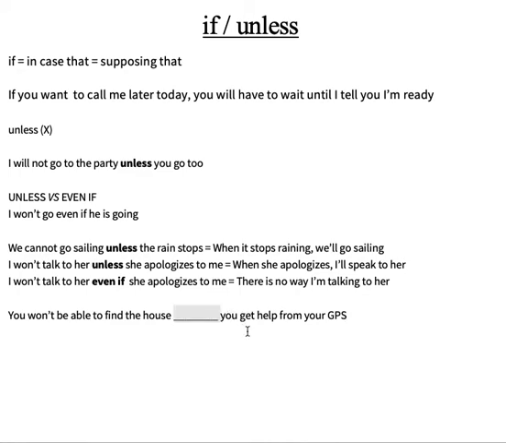There is only one way that you are going to find the house, and that is that you get help from your GPS. So we can sum up saying that unless is used when there is only one possibility, when there is only one possible scenario for something to happen. And if is simply a cause reaction thing.